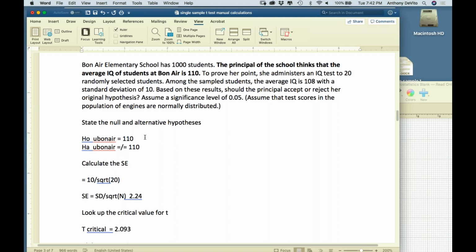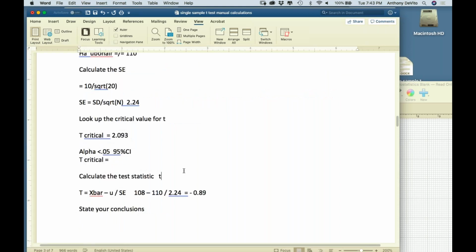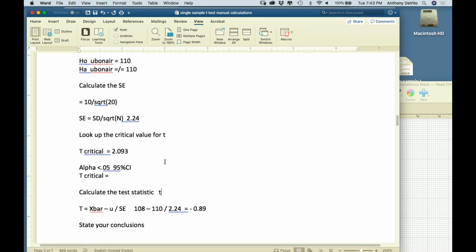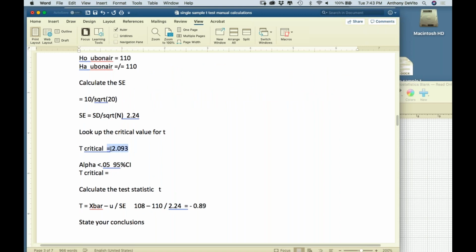But the deal is that the way this is set up, the only thing you can really say is whether or not you can reject it. In other words, whether or not they're different. That's the way this is designed. So since our t-value came out to be 0.89, and we needed to exceed a critical value of 2.09, we failed to reject the null hypothesis.